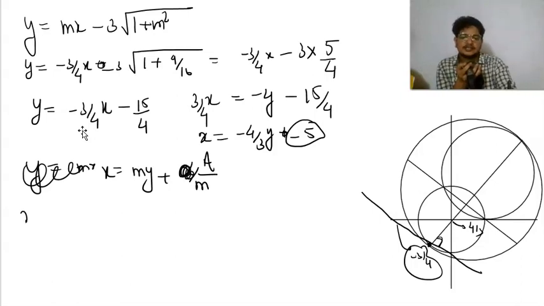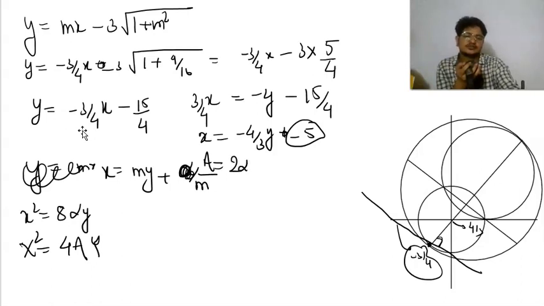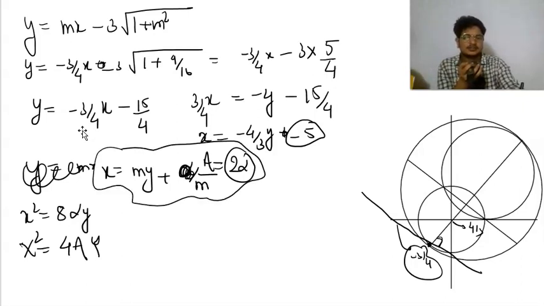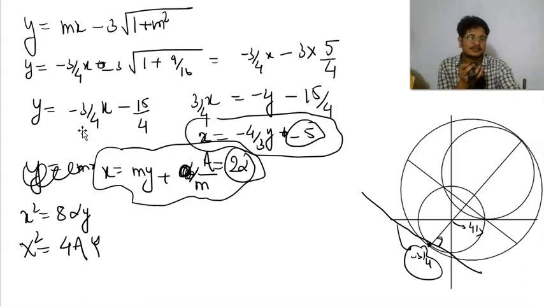Now it is given that x² = 8αy. If you compare this with x² = 4ay, then a is equal to 2α. We already know that. Now I will compare this equation of tangent with that equation of tangent, because both equations are the same, then we can find the value of alpha.